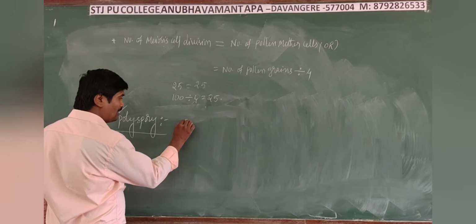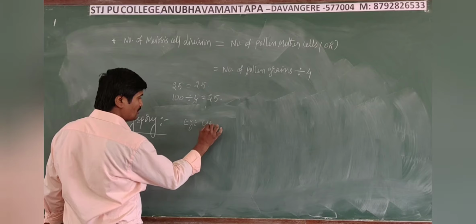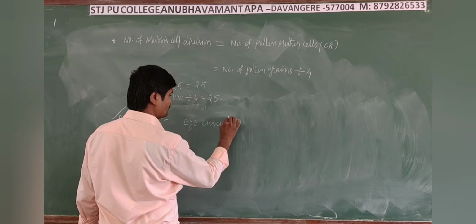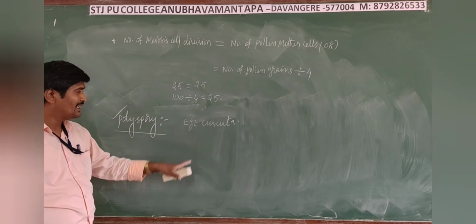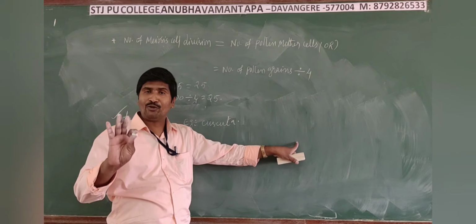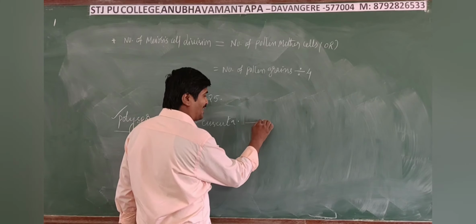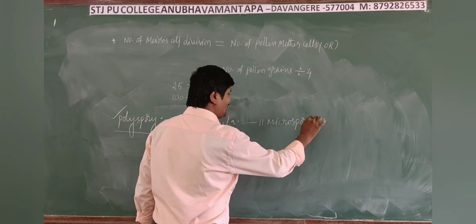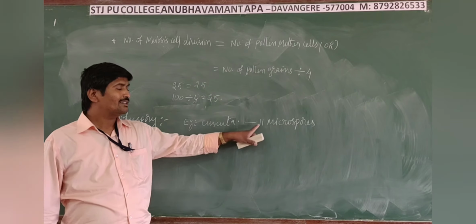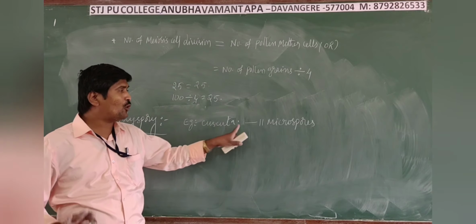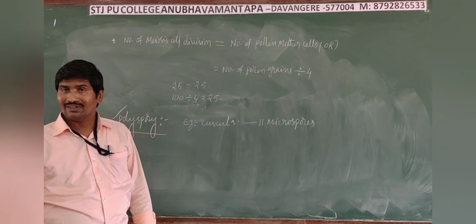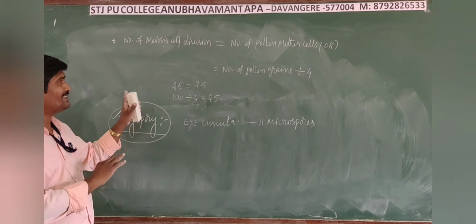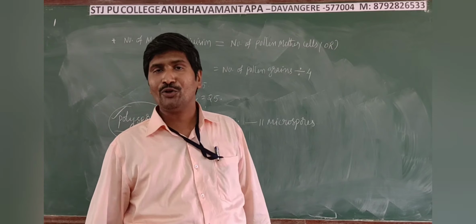The best example is Cuscuta, a parasitic plant. In this plant, one microspore tetrad contains 11 microspores, which is more than 4. Such a condition is known as polyspory. Okay, so this is the concept of microsporogenesis.